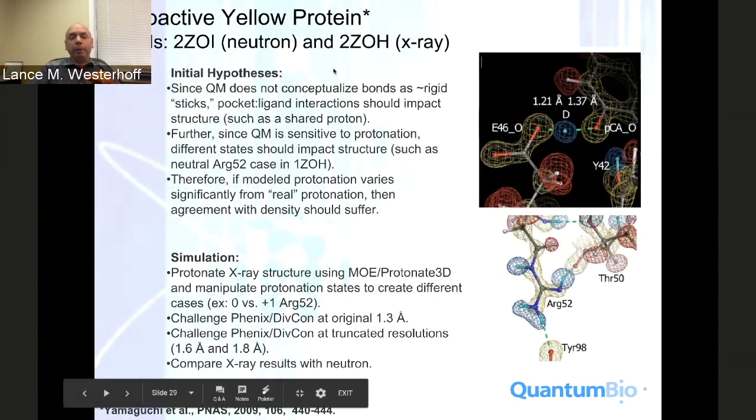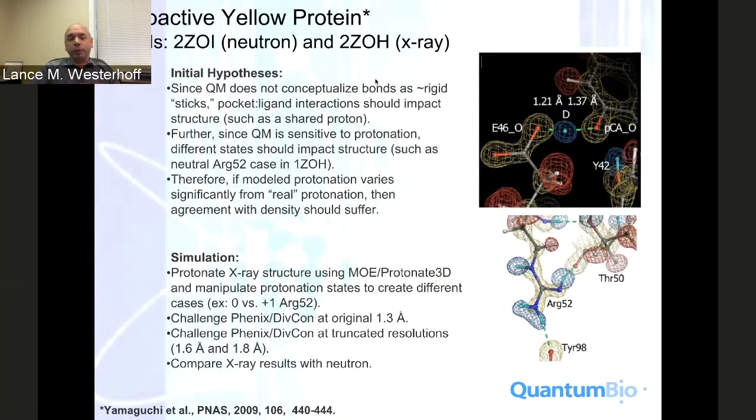On top of that, an X-ray structure may have been crystallized at different pHs, which of course affect your protonation states. You have all of these little issues. But we did find a particular set with a nice neutron diffraction example and a nice X-ray example done in the same lab, same conditions, the same everything.